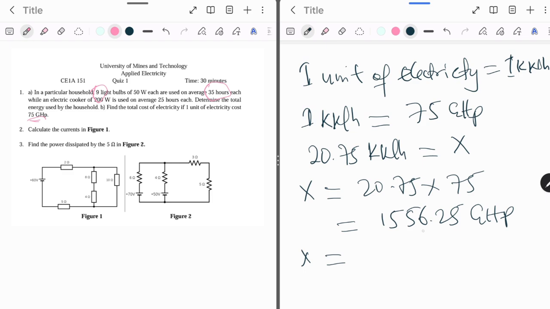So when you divide this by 100, we get 15.5625 Ghana cedis.